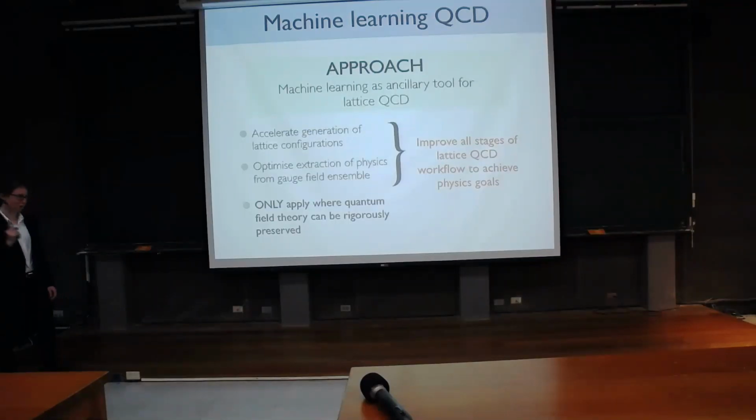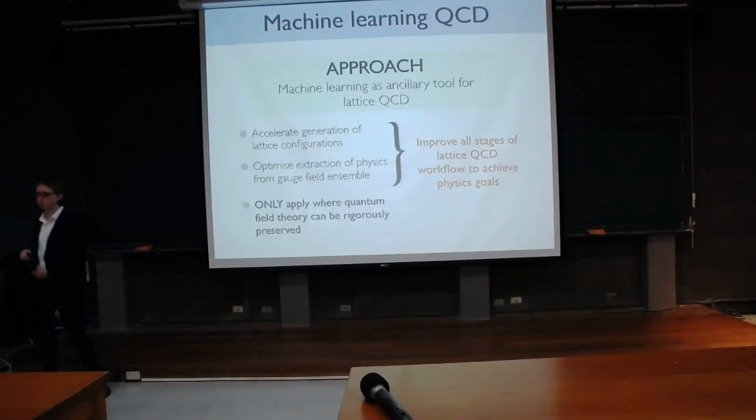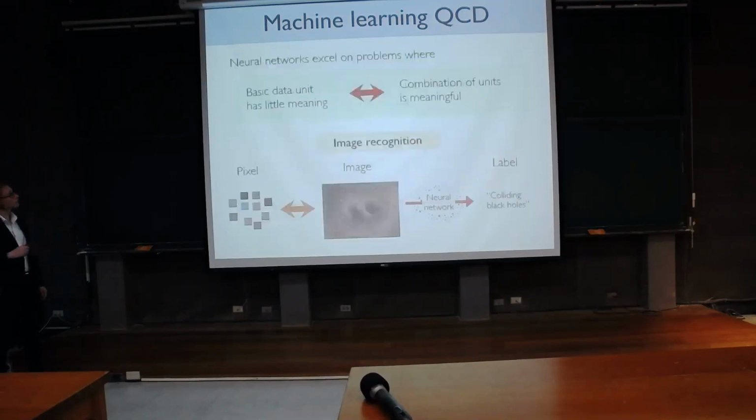So you have to preserve a rigorous approach to a quantum field theory in all of the right limits. And ultimately, we're looking to accelerate all parts of the workflow of these sorts of calculations, from generating the snapshots of the background quark and gluon fields through to extracting physics from those snapshots, if we need to be exponentially accelerated to reach any of these large nuclei.